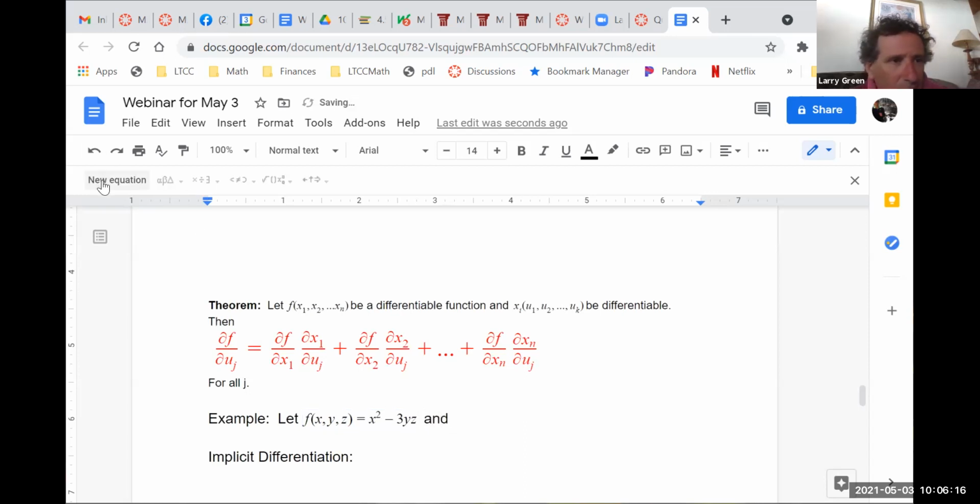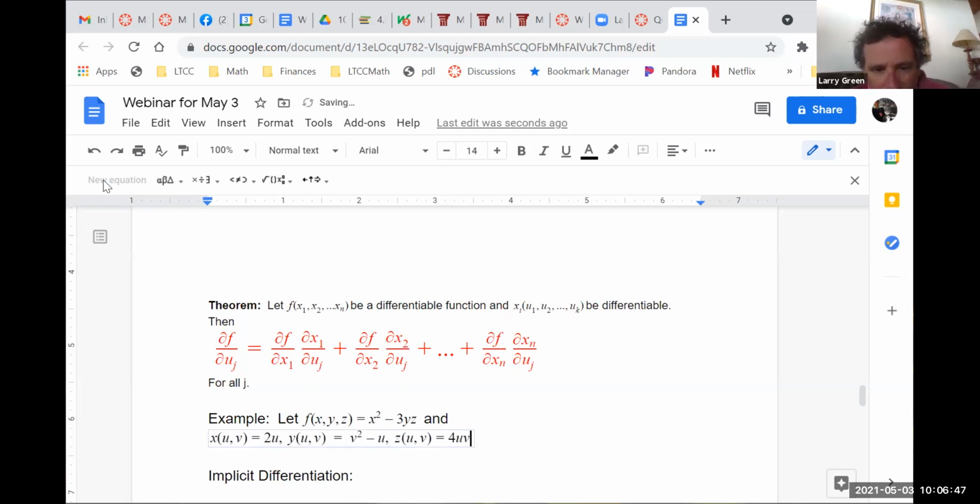And x of u, v equals 2u, y of u, v equals v squared minus u, and z of u, v is equal to 4uv.